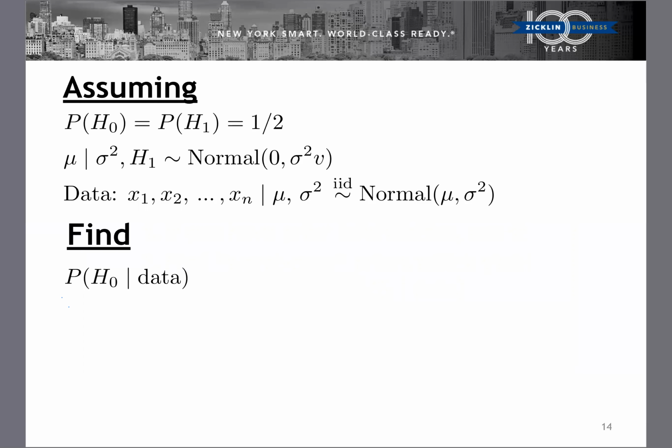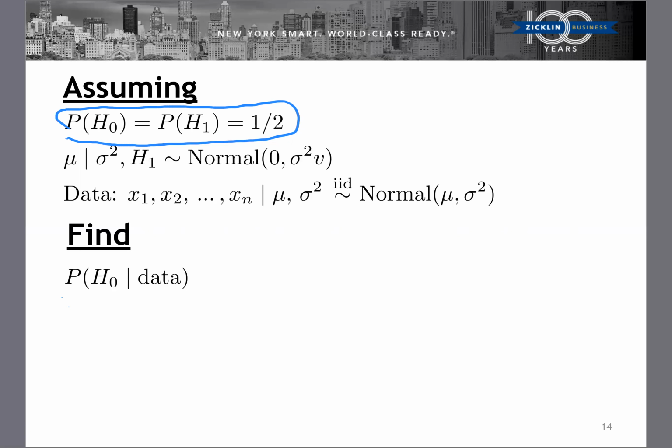So now let's start with something concrete. Now it's just telling you about Bayesian testing in the abstract. Now let's try to use it in a specific example, at least mathematically. I'm not going to give you any data sets, but I'm just going to try to show you how the math works out. So I'm going to assume that the hypotheses are equally likely.